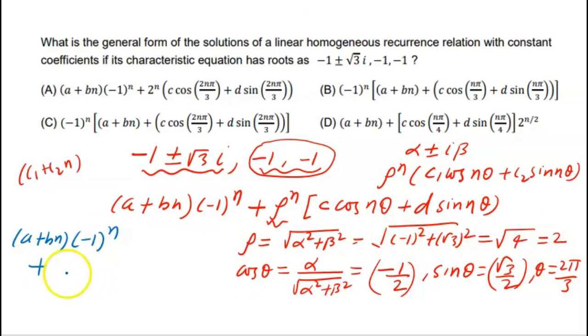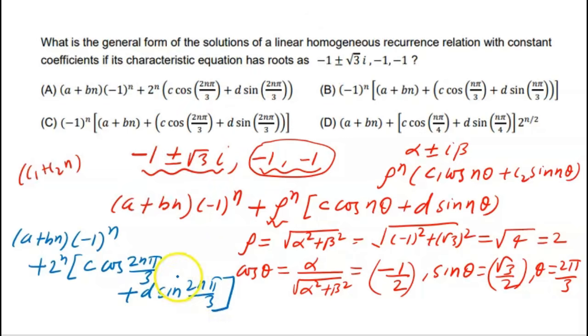Rho I have got 2, so I will write 2 to the power n, and theta I have got 2 pi by 3, so it will be c cos 2n pi by 3 plus d sin 2n pi by 3. So which option will be the correct option? I think option A, right?